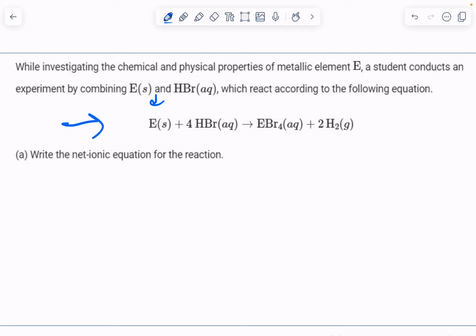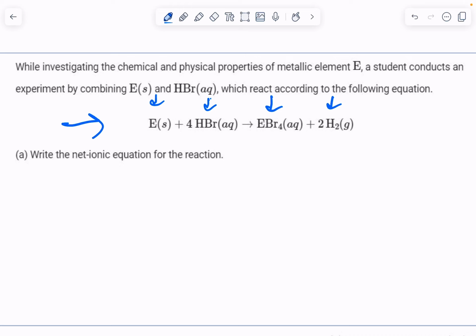For example, E here is a solid, so it has to be part of the reaction. There's no ions that will be on both sides. In this one, we have either a hydrogen or a bromine that is an ion, and it could be part of the reaction or it might not be. Here also we have some ions, and then here we have a gas.